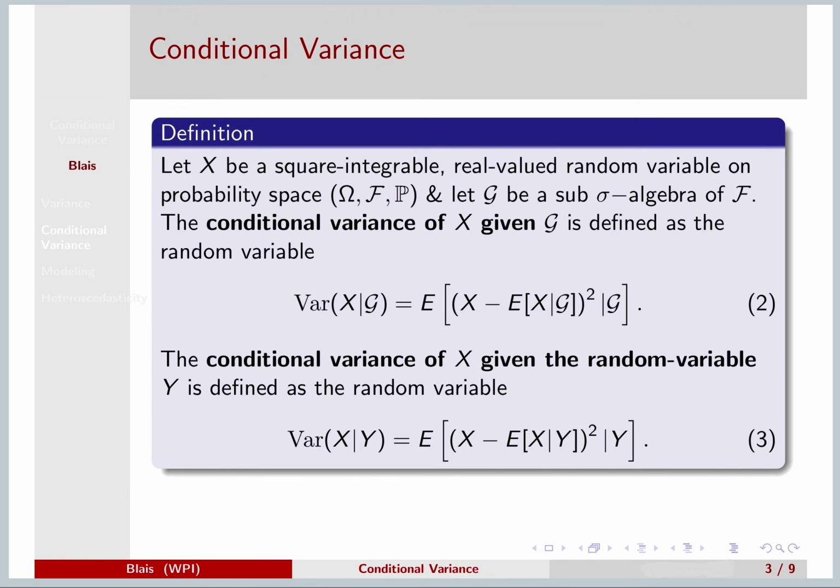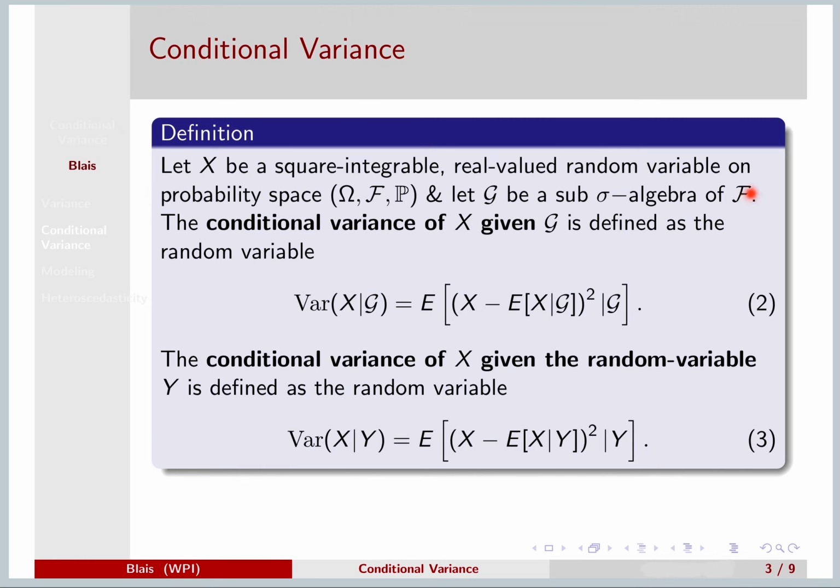So our definition of conditional variance is very similar to the definition of variance, with the one modification that all expectations are changed to conditional expectation. So we're in the same scenario where we have X, a square integrable, real valued random variable on our probability space, but now we have script G being a sub-sigma algebra of script F. And recall that in measure theoretic probability, we can think of these sigma algebras as collections of events.